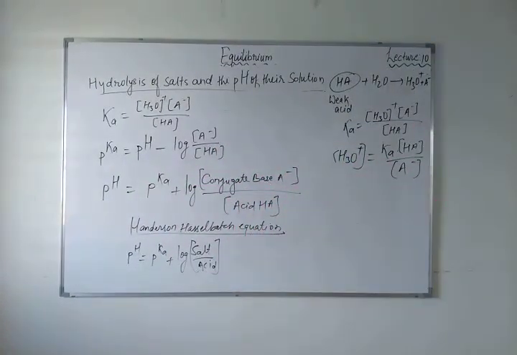In this equation, if the concentration of A minus is equal to the concentration of HA, then the pH will be equal to pKa, because the value of log 1 is 0. Always remember the value of log 1 will be 0. I hope all of you understand. Similarly, if you want to calculate the pOH, then what will be the value?